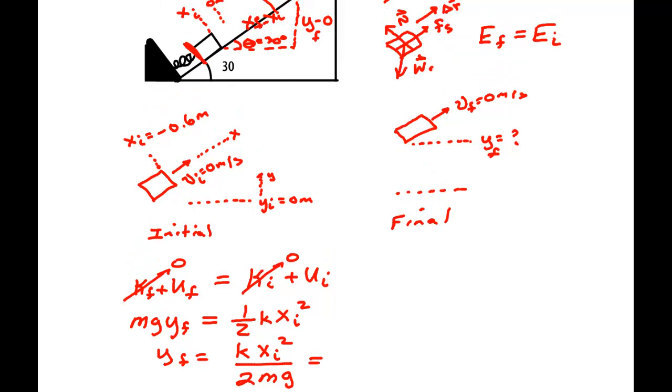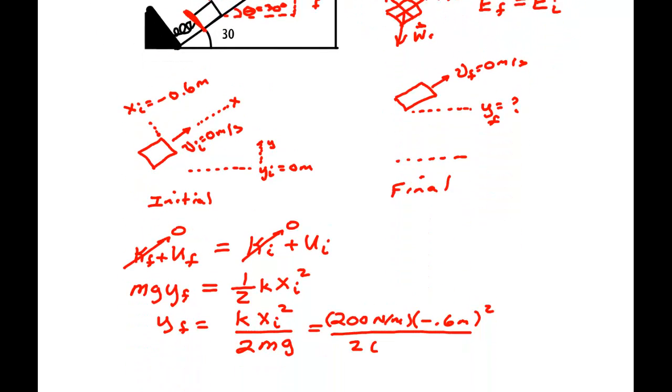So putting that in, let's see, 200 newtons per meter times minus 0.6 meters, but I'm squaring that, over 2 times, let me go back and check what the mass of my block was, 5 kilograms, times 9.8 meters per second squared.